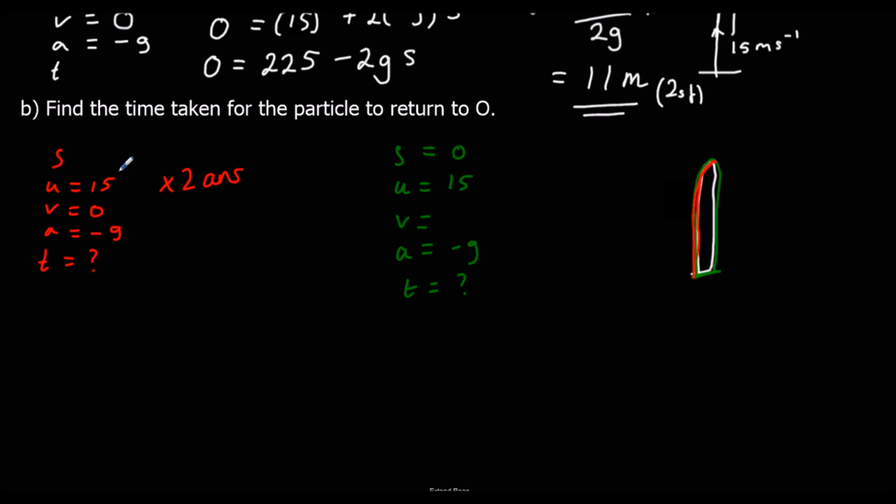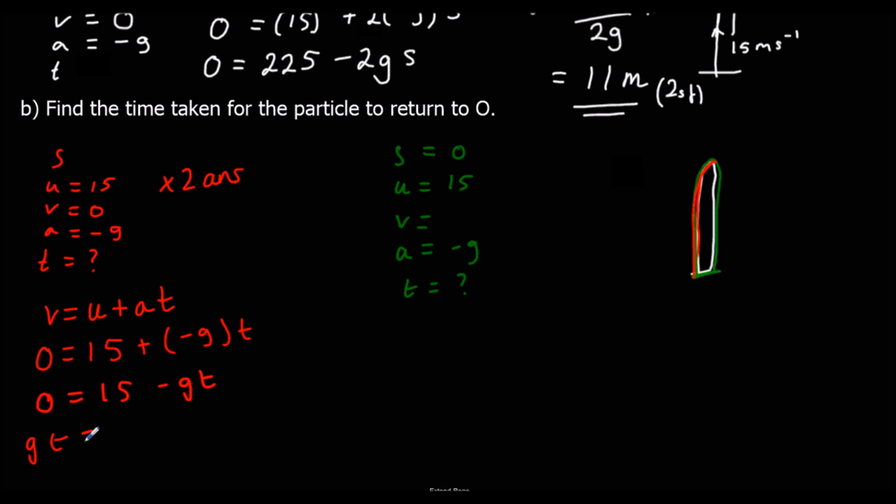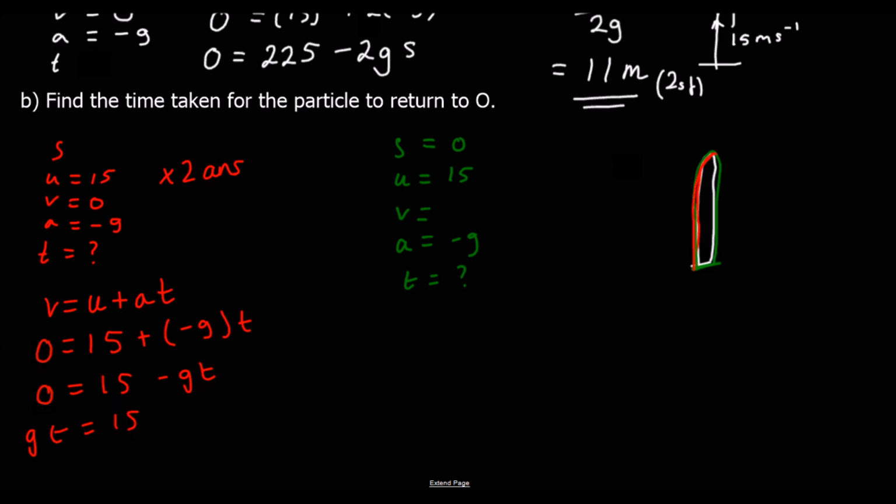For this method, we need the equation without s in it, which is v equals u plus at. So we've got 0 equals 15 plus minus g times t. 0 equals 15 minus gt. gt equals 15. So t is 15 over g.